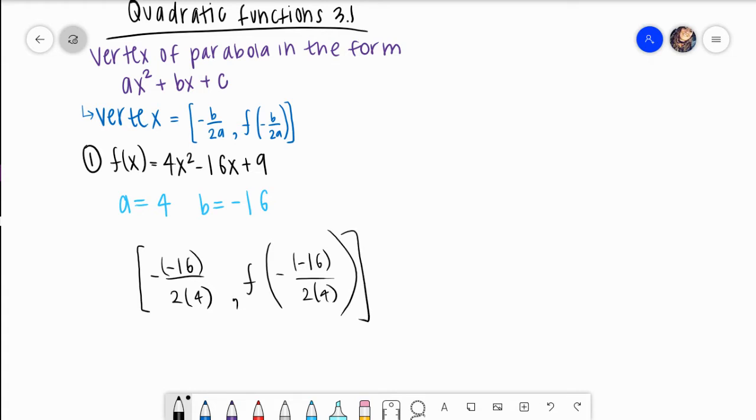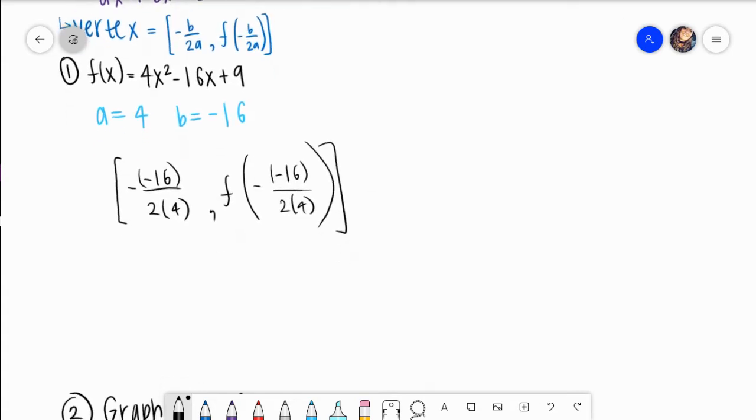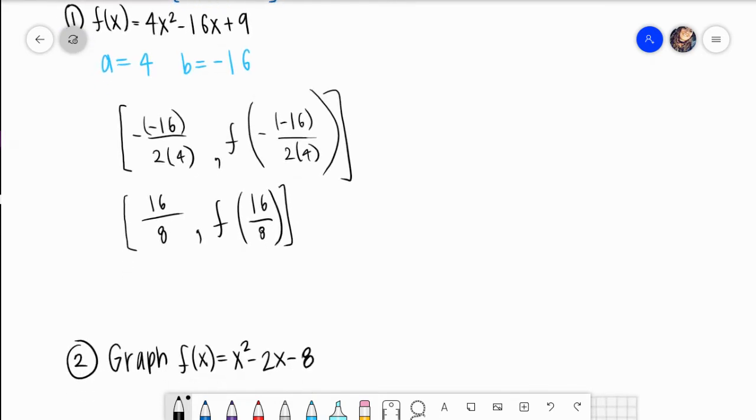If I solve this, the negative and the negative give me a positive 16 over 8, comma, f of 16 over 8. But I know that 16 over 8 is just 2, comma, f of 2. Okay, so that is my x value.